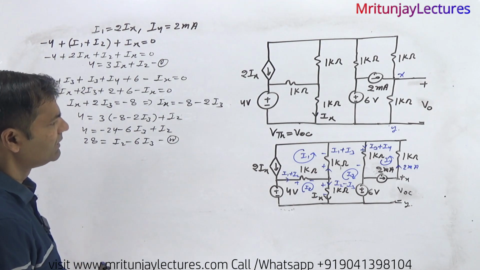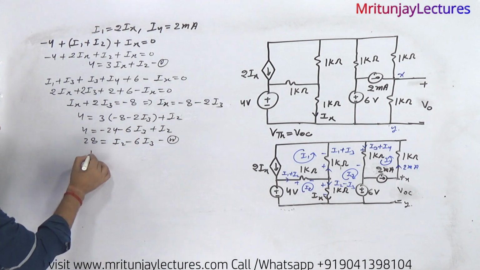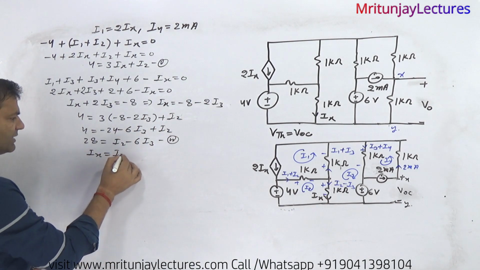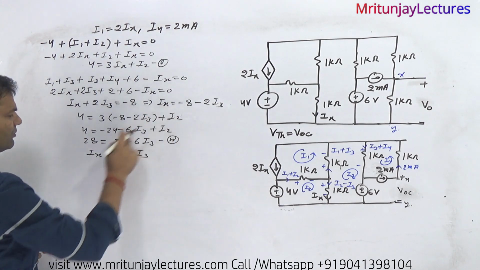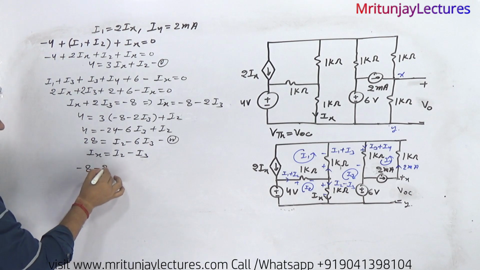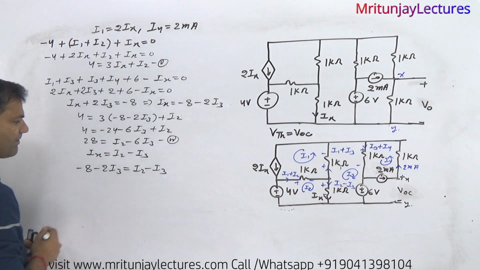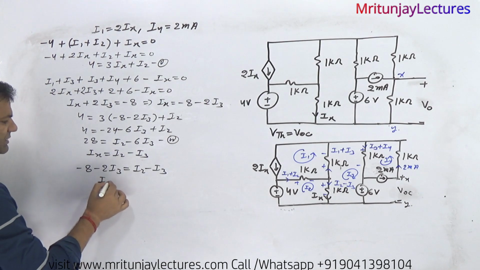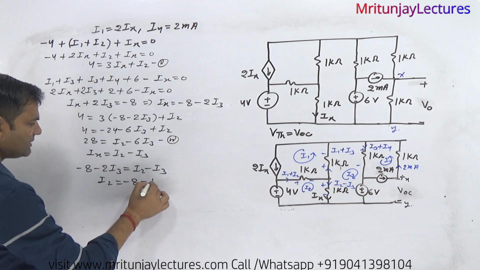I know that Ix is also written as I2 minus I3. If we put this value here, then minus 8 minus 2I3 is equal to I2 minus I3. So I2 is written as minus 8 minus I3.